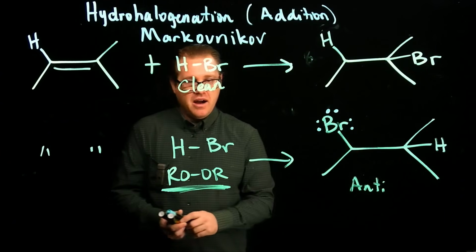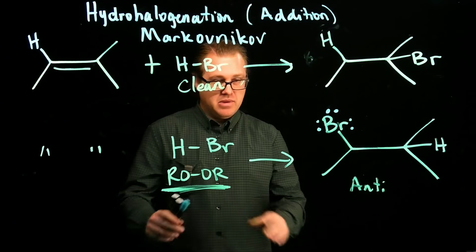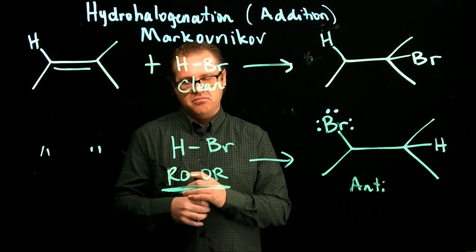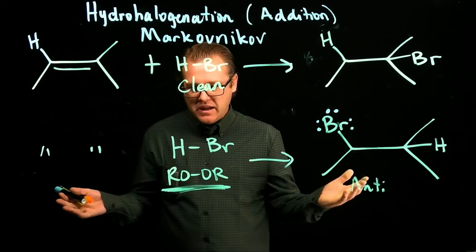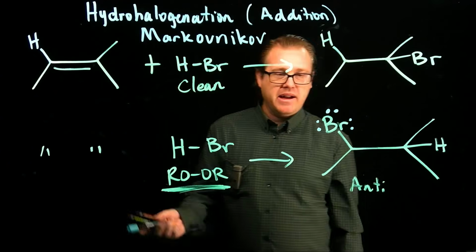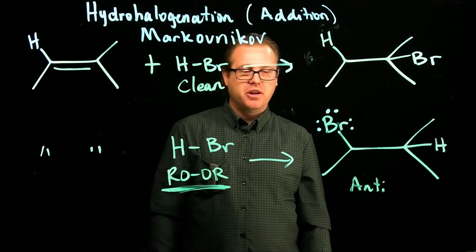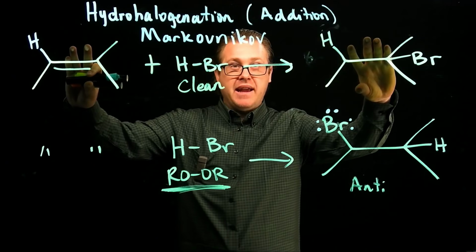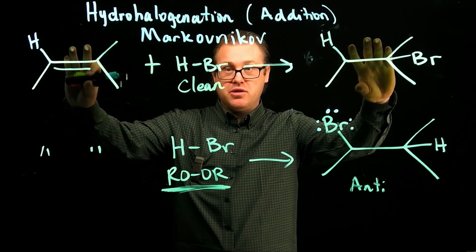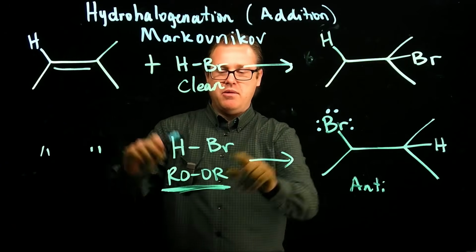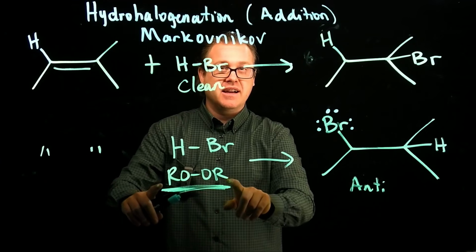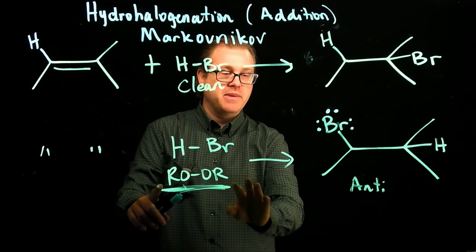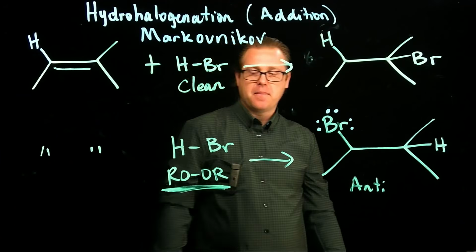And so we're not going to cover that radical mechanism here. I just want the idea out there. So when we come back to this concept, you will know that when we do this, the mechanism that I previously showed you is correct. But then when you add the peroxide, the mechanism changes. And I'm not going to show you that changed mechanism quite yet. Okay?